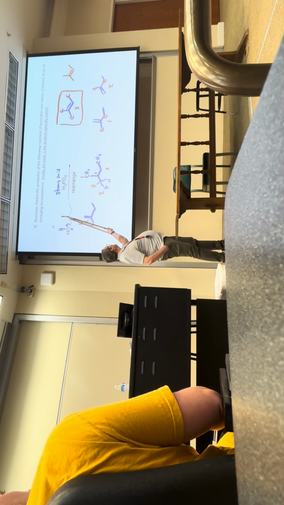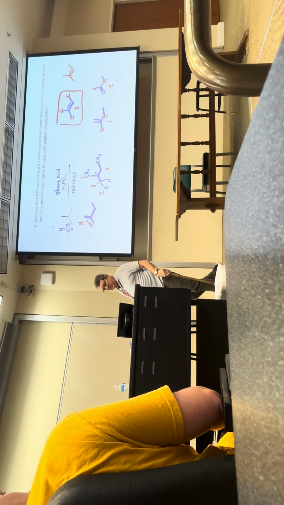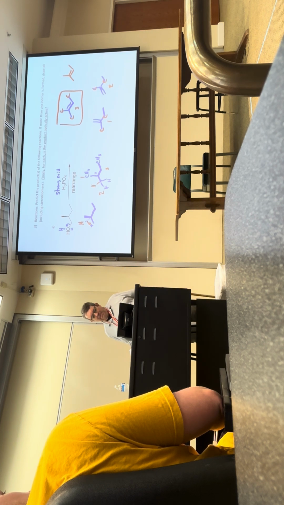Because this carbon had stereochemistry, this one is flat and it can't have stereochemistry. And so that's how you get to a non-optically active product. If it's an alkene, it's not optically active because it's achiral.